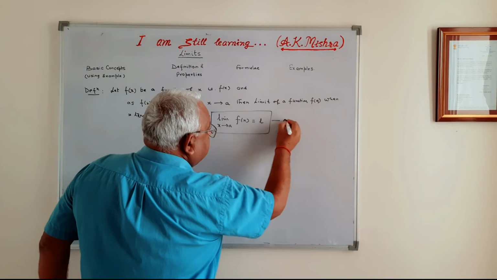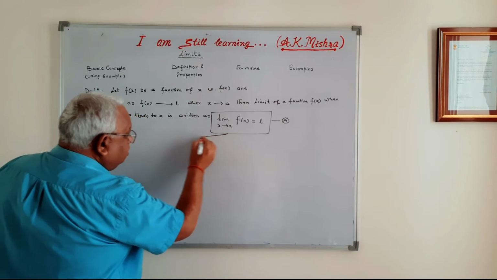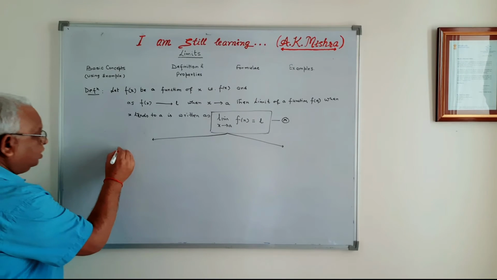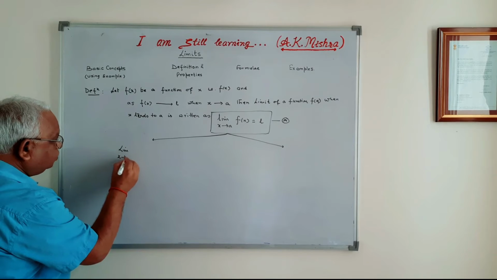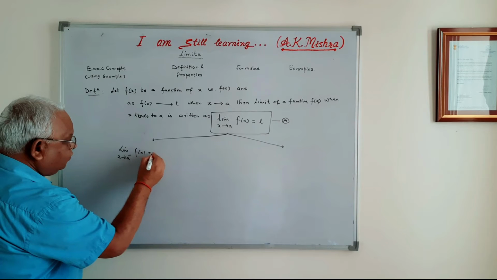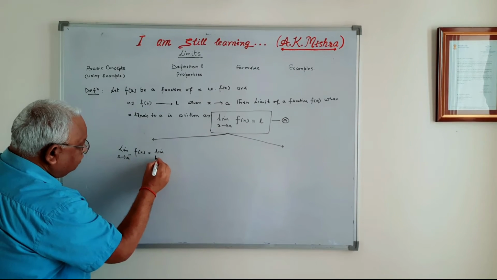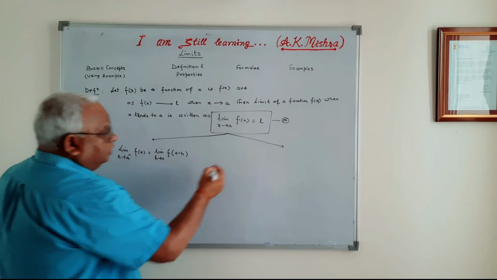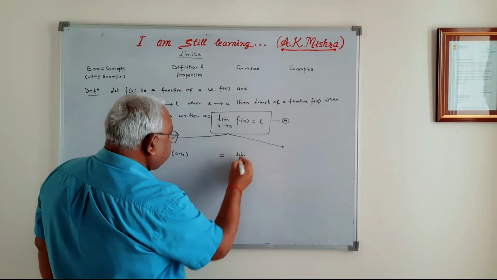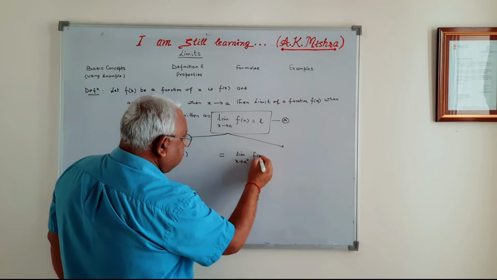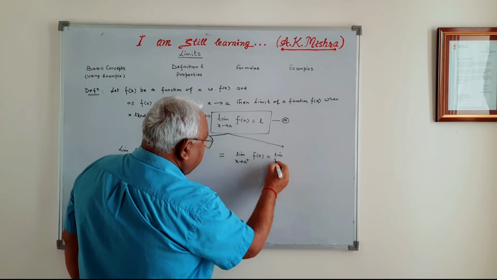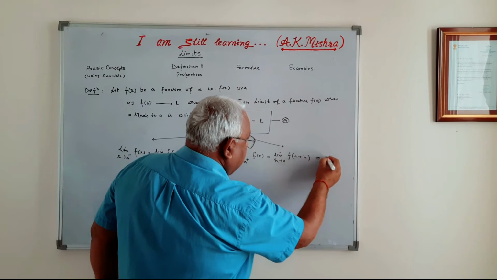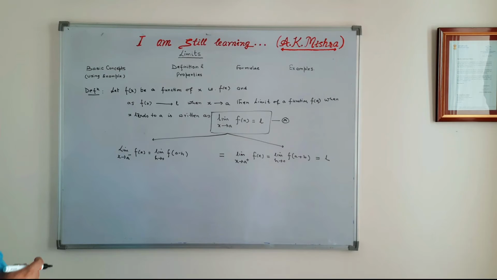This definition has got two parts. This conclusion will take place when you say limit x tending to A minus f(x), which is equal to limit h tending to 0 f(A minus h), is equal to limit x tending to A plus f(x), which is equal to limit h tending to 0 f(A plus h), and both will be equal to L. If this happens, then only you say limit is defined.